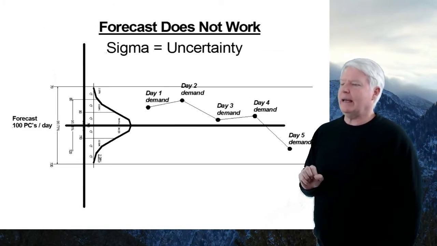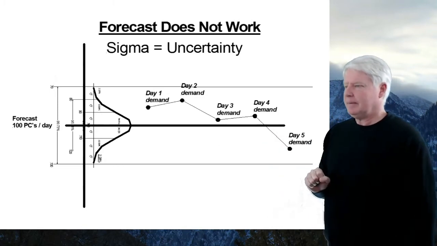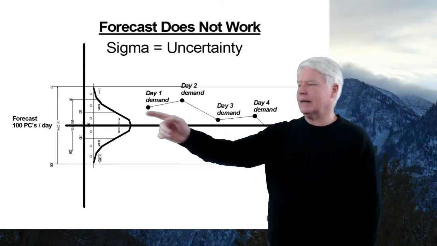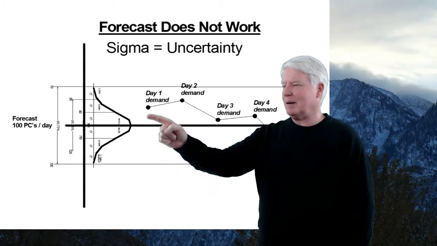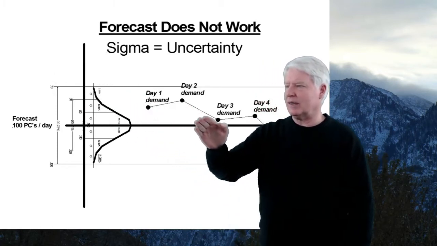So you say, okay, how much more inventory do I need to survive in this realistic environment? What's the probability that I'd be above that? You can add that area up above there and see what the risk is.